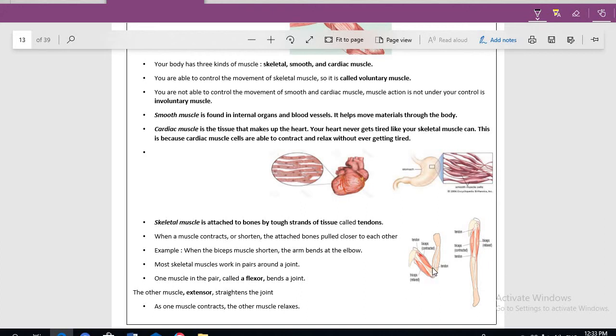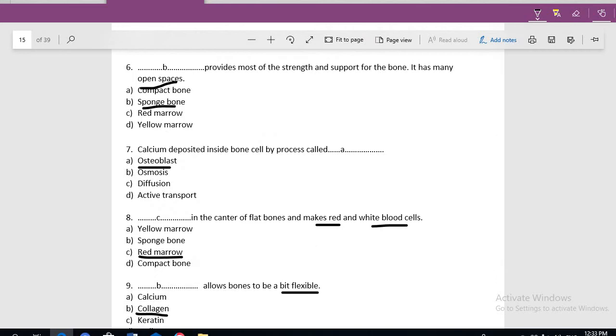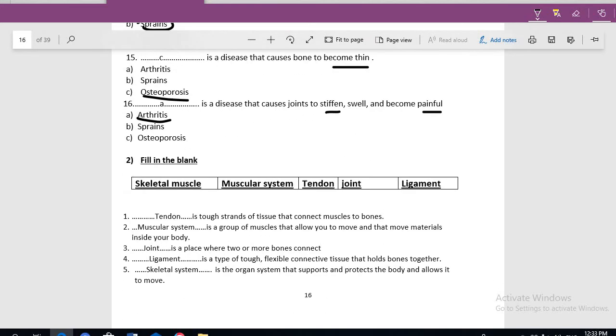Look, this strand that connects muscles to bones is called tendons. So a tendon is a tough strand of tissue that connects muscles to bones.